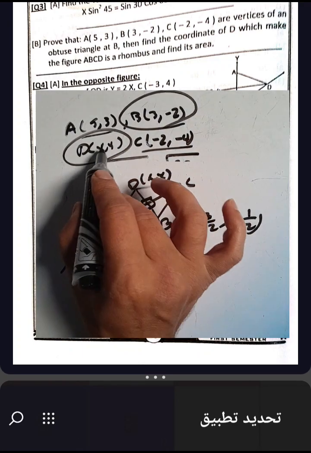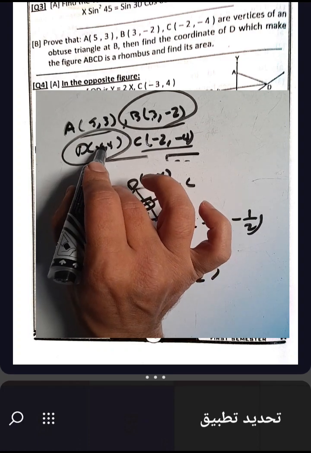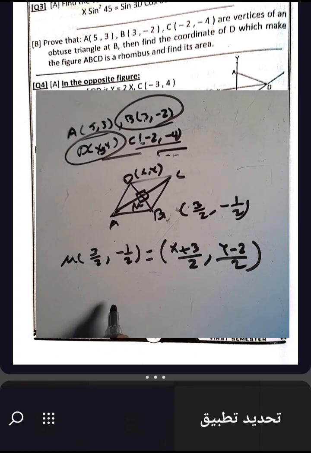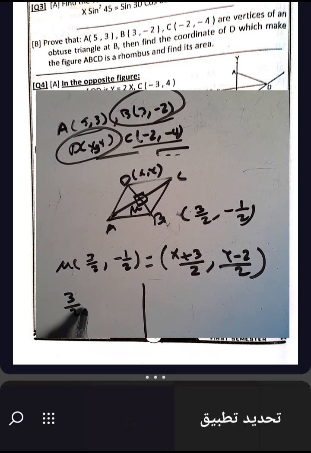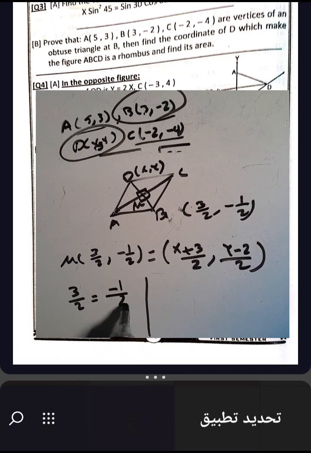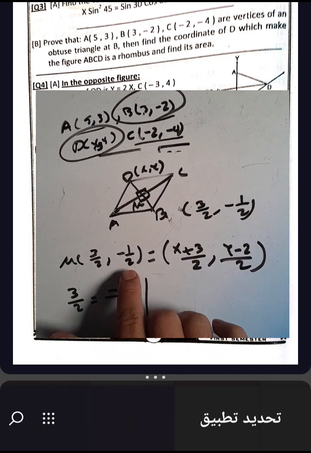We get x plus 3 divided by 2 and y plus -2 divided by 2. And then you can compare with 3 over 2 and -1 over 2. Left hand side, the first projection equals the first projection, and the second projection equals the second projection.